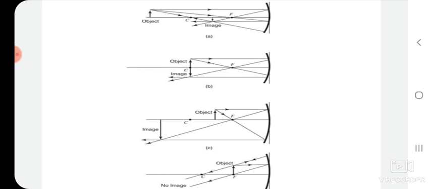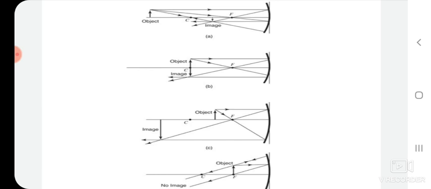No image is formed when the object is at the focal point, or alternatively, the image is formed at an infinite distance, which means we cannot see that image.